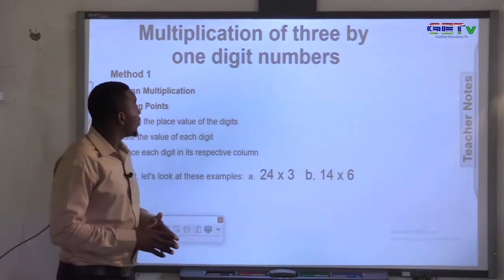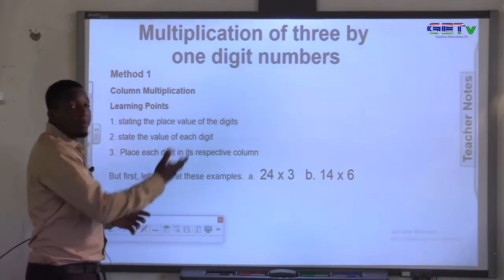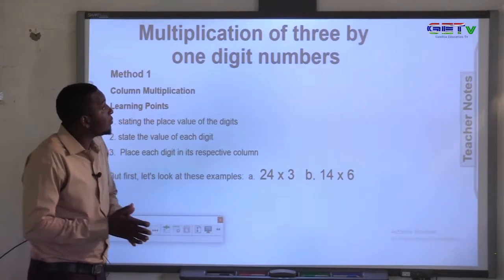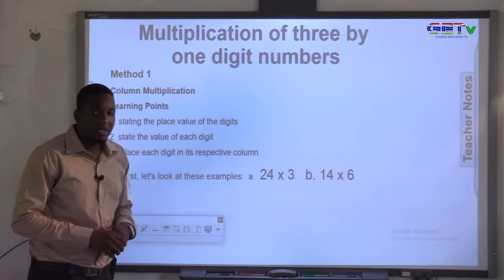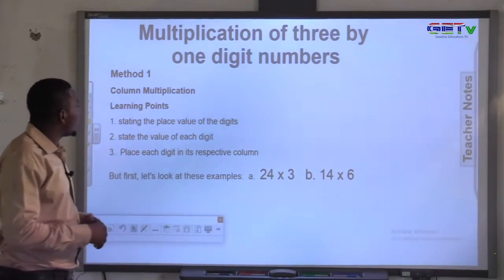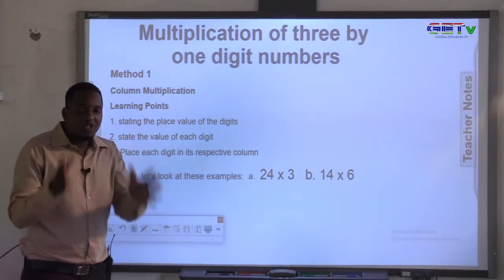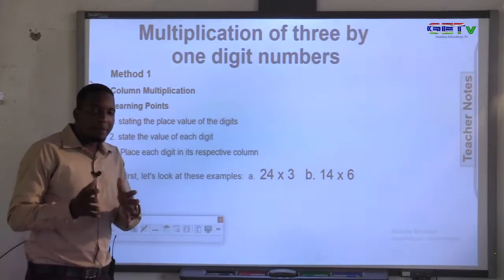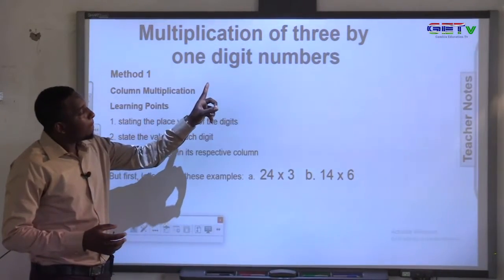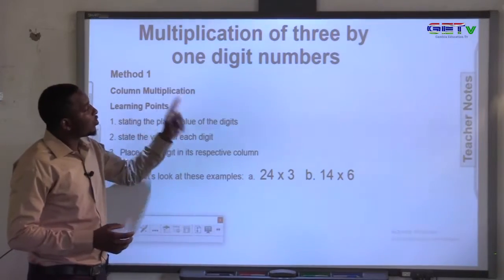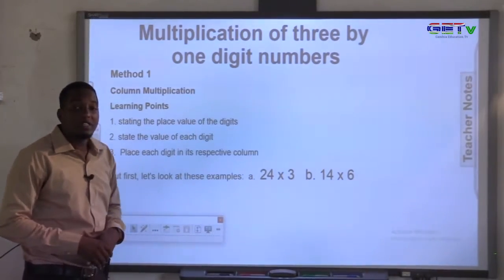The first one, we are going to use column multiplication in order to solve problems on the multiplication of 3-digit by 1-digit numbers. And the second phase, we are going to use partitioning in order to solve problems on multiplication of 3-digit numbers by 1-digit numbers.